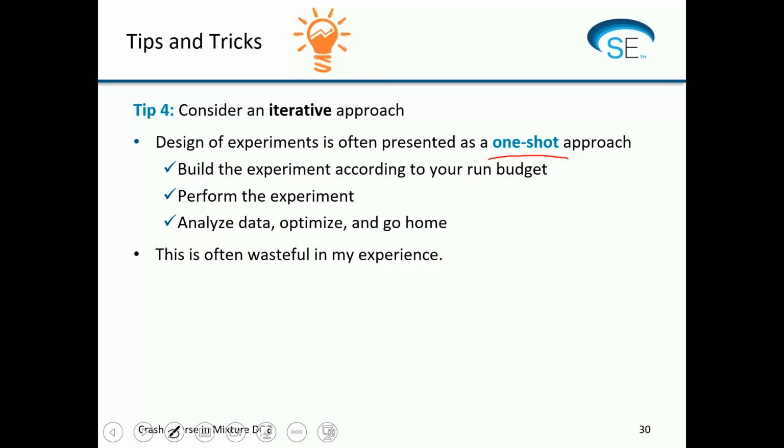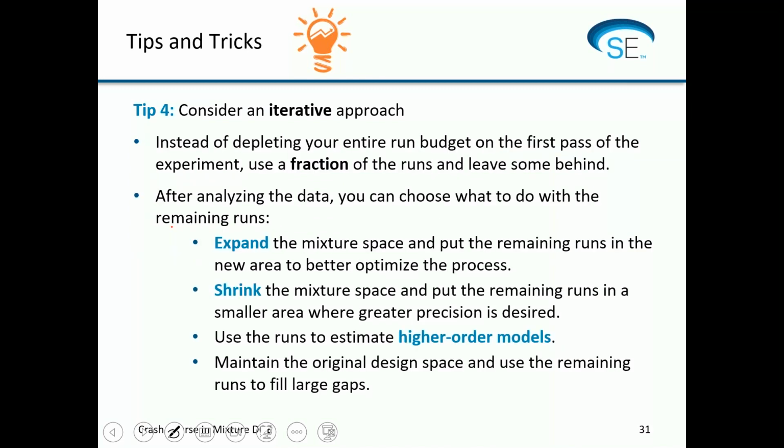That's basically the way that DOE is almost always presented. And in my experience, this is fine, but in other cases it can be wasteful, because if you use up all your run budget, you don't have any chance to pivot.